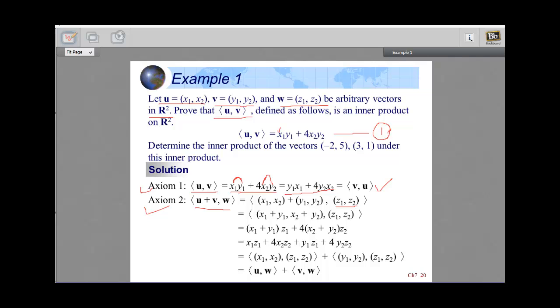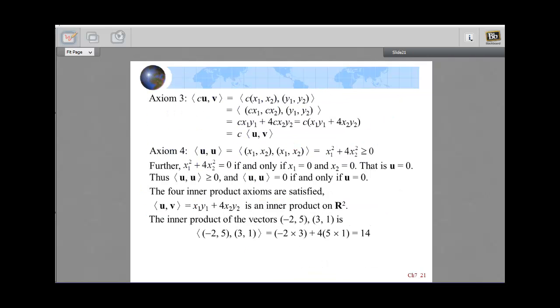In the previous case we took w1 w2, so it's up to you; whatever you want, you can take. We write x1 x2 this way, open the brackets, multiply all these things and separate the brackets one by one. When you separate the brackets, that will be equal to <u, w> + <v, w>.